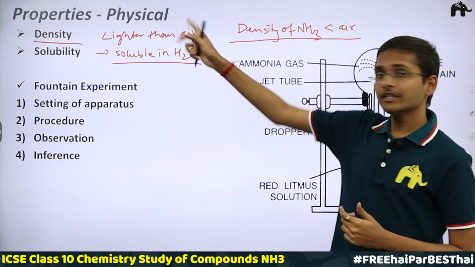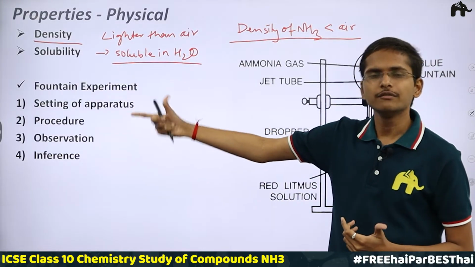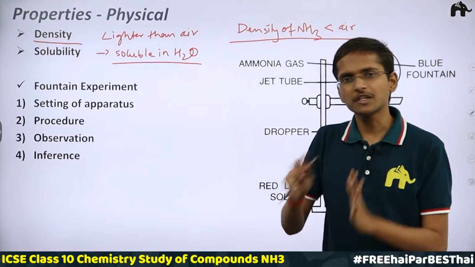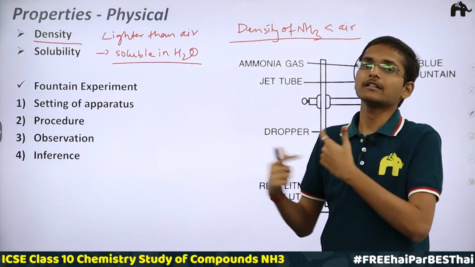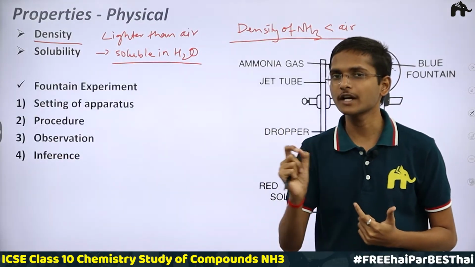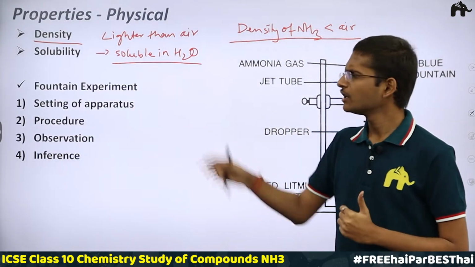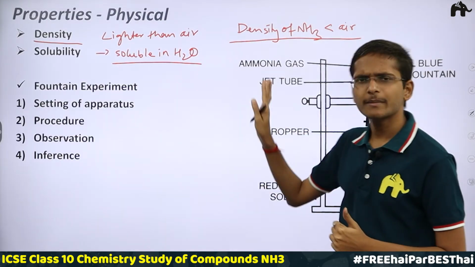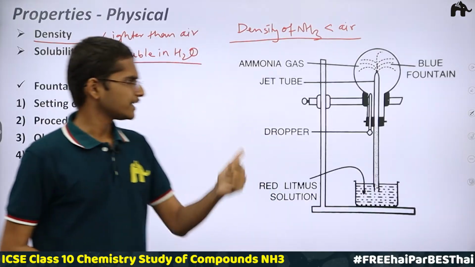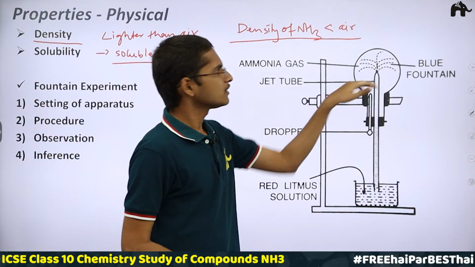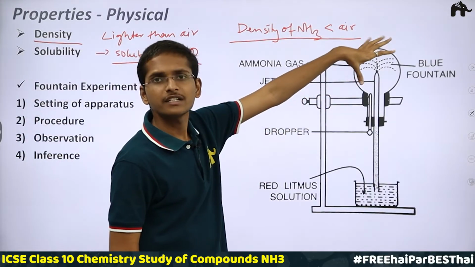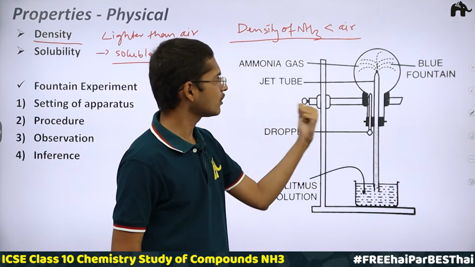Now, in order to understand its solubility, we are again going to see the fountain experiment, the same way it was done for hydrogen chloride gas. We have already studied this fountain experiment, so exactly the same setting of apparatus would be there. I'm taking a round bottom flask, placing it in the inverted position, and fixing it onto the stand.